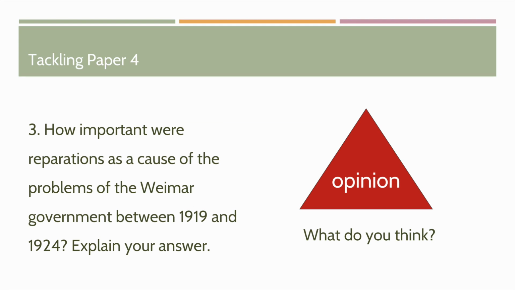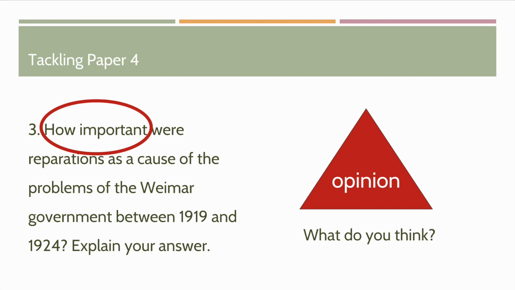Now, last but not least, we need to get to the top of the pyramid in order to form our opinion. And the opinion is, what do you think? As we mentioned earlier, what is the key word that helps us to understand what we think? And that is, how important.